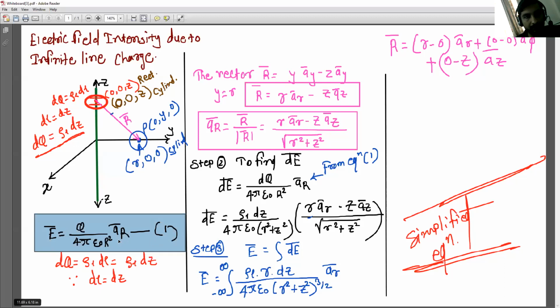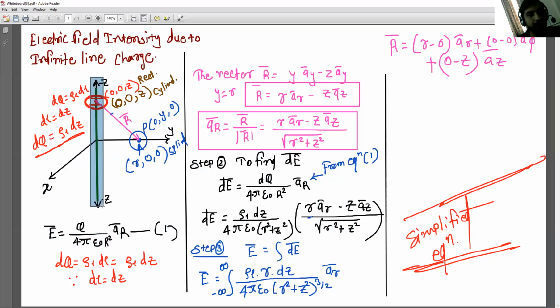So we have taken the first case, that is infinite line charge. We have assumed the charge is considered to be a line charge, right? So you can consider this line charge as a straight line, or you can consider it as having a number of point charges uniformly distributed over the entire length of that line. That means you are having a series of point charges that can be treated as a line charge.